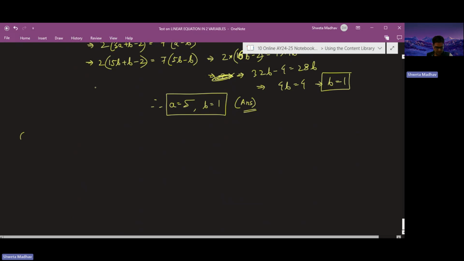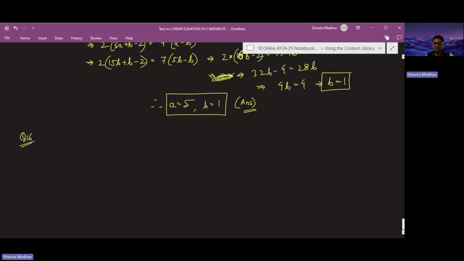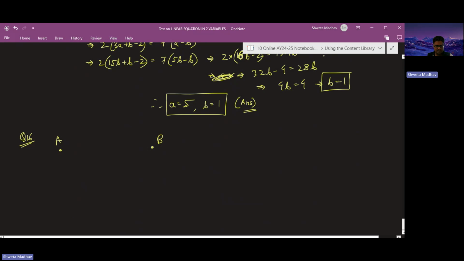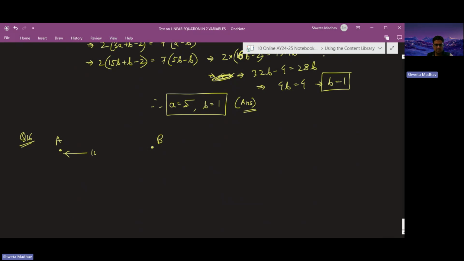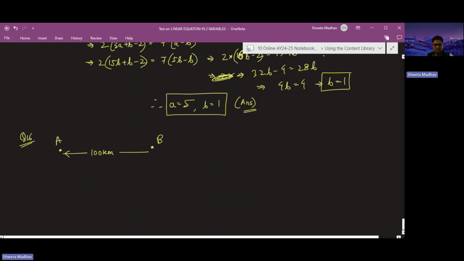Then in question number 16, it has been told that places A and B are 100 km apart. One car will start from A, and another from B at the same time.